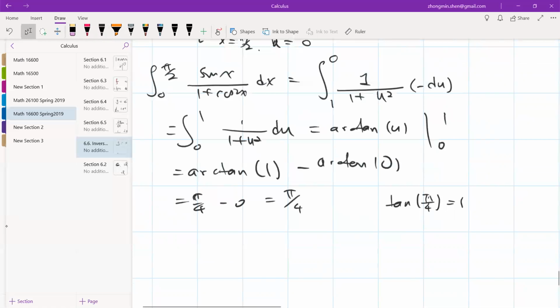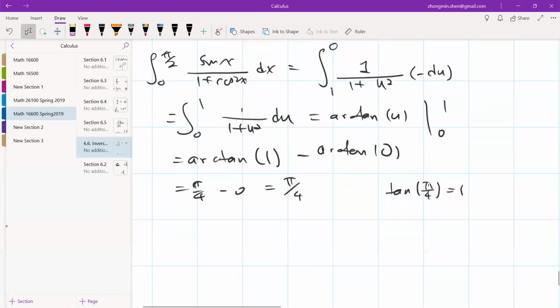But we also have to consider arcsecant and arccosecant functions, because there are some integrals we have to deal with that are not in the form 1 over 1 plus x squared or 1 over square root of 1 minus x squared.